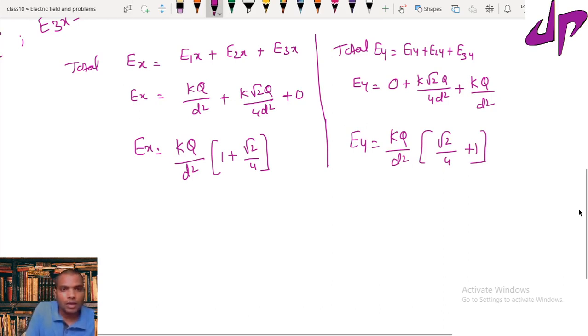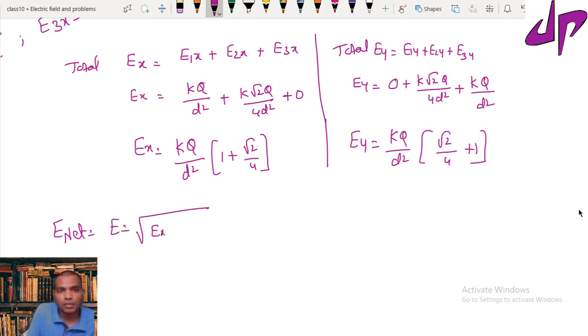And now the net, final electric field, if you apply the parallelogram law for vectors, E equals square root of Ex square plus Ey square. That is the resultant electric field formula.